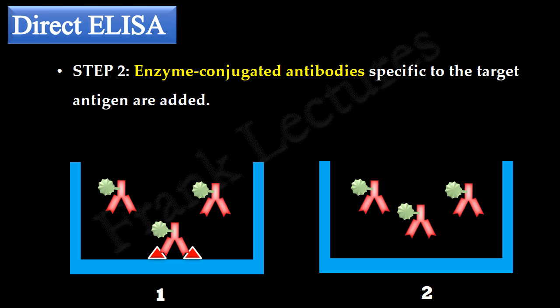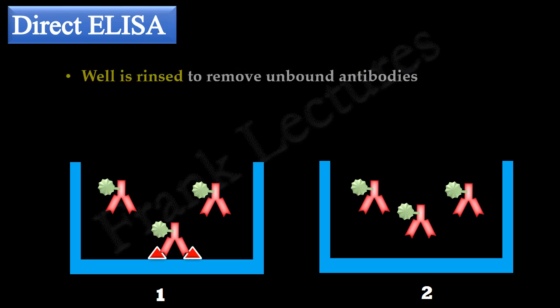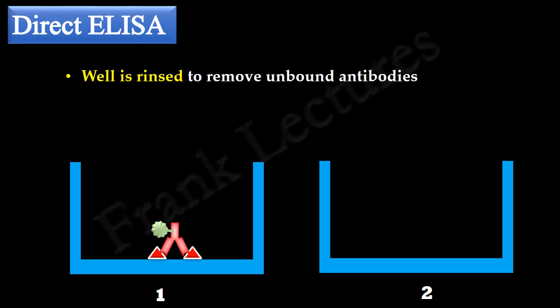This is because there was no target antigen. Each well is rinsed again to remove any unbound antibodies. After the rinsing step, the only antibodies present in the first well are those bound to the antigen, whereas no antibodies are present in the second well.